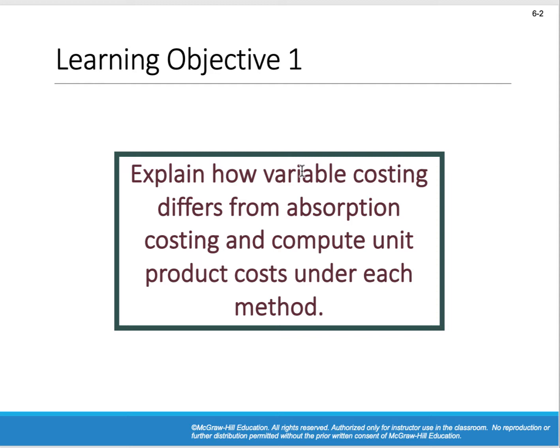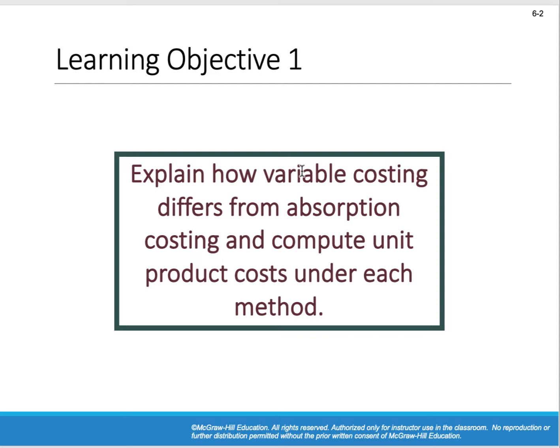We said the manufacturing costs were our direct material, direct labor, and manufacturing overhead, right? And we said those 3 costs go into determining what it costs us to make a unit of production, or what it costs us to provide a service, okay? So we're still going to be working with that idea of DM, DL, and MOH.